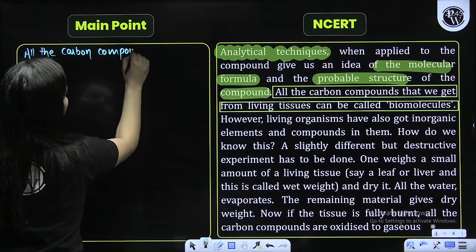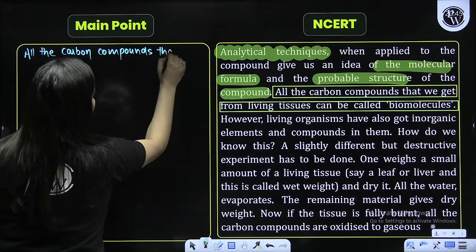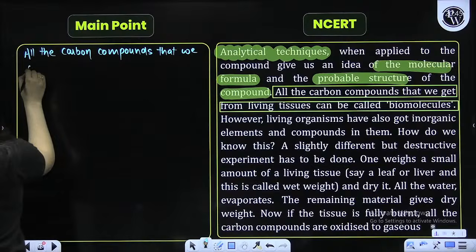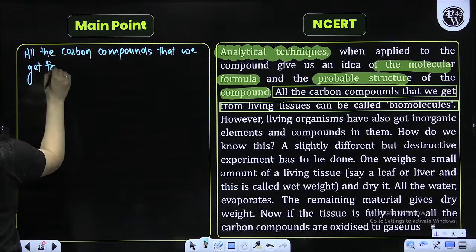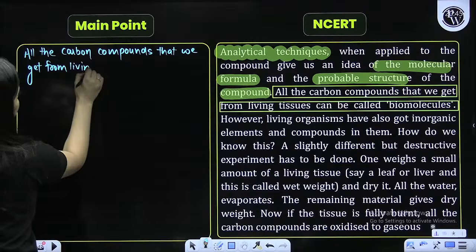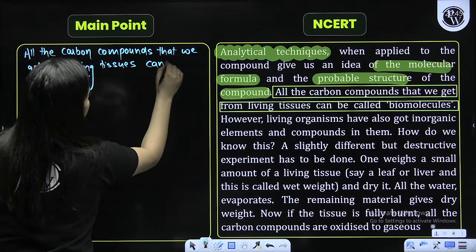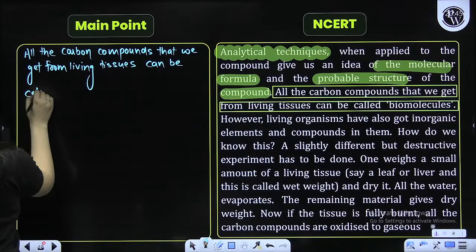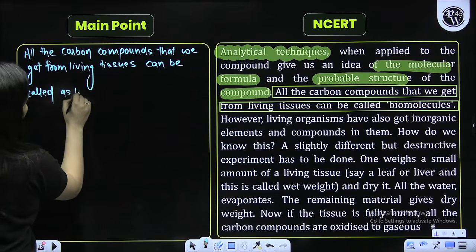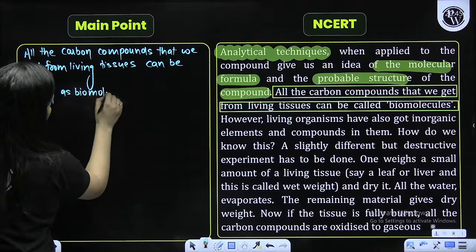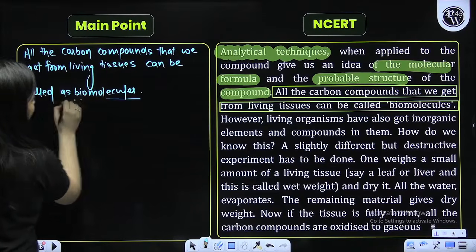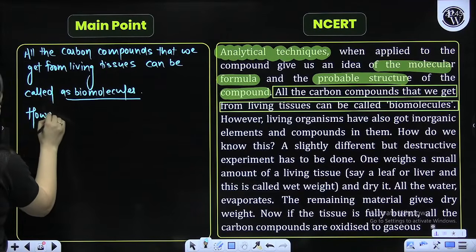All the carbon compounds that we get from living tissue can be called biomolecules. Yes, they are the biomolecules, right? However, that's the important point, beta.